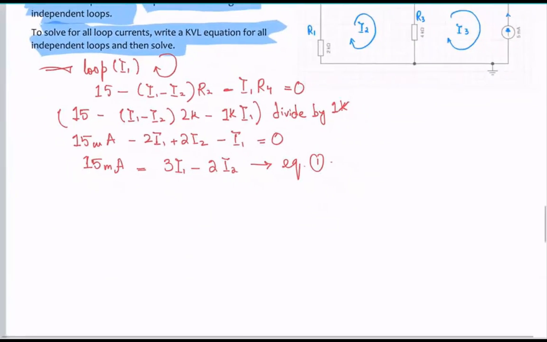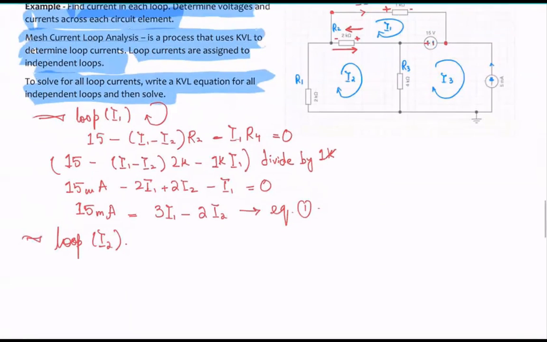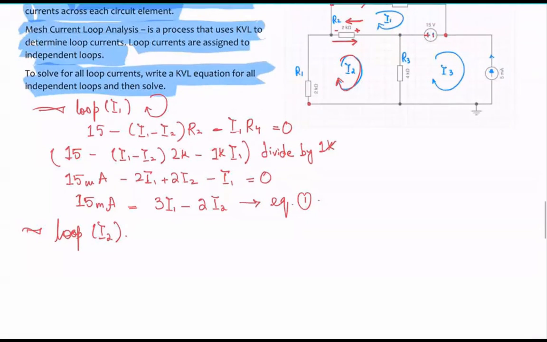Okay, all right. Now let's work on loop 2. Loop 2, okay, which is this one right here. Okay, and I am going to start off from this node, right, this here, okay? So again, can I ask you guys what is going to be the voltage across this right here, this resistor, 2 kilo ohm?